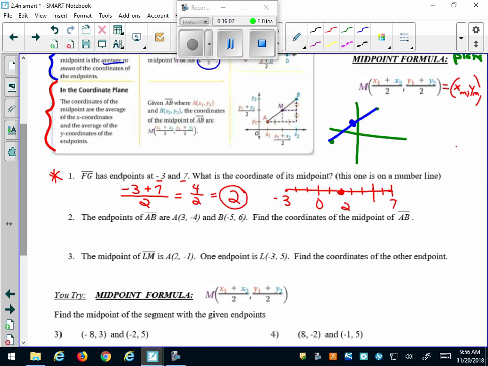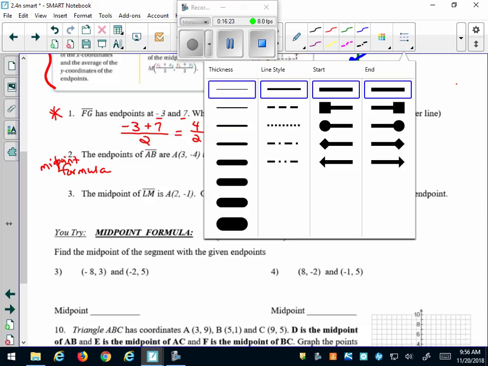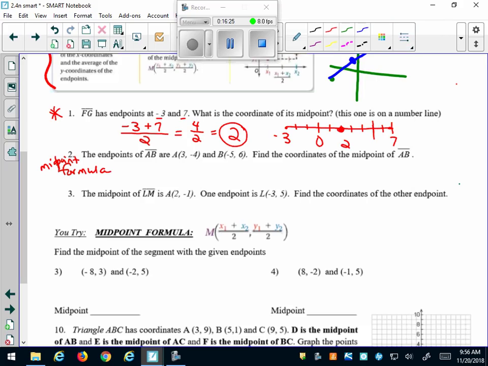Okay. The next one is going to be using the midpoint formula on the coordinate plane. The endpoints of AB are 3, -4, and -5, 6. So we're going to call this x1, y1, x2, y2. We're trying to find the midpoint.